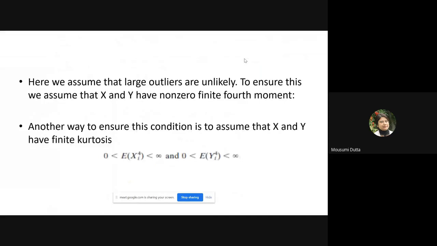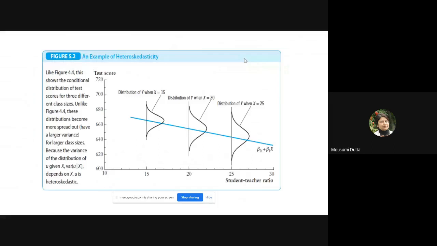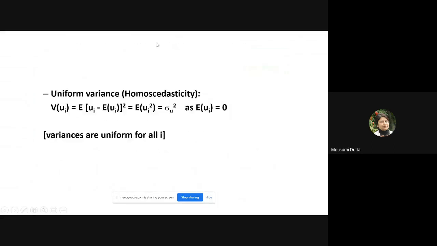Okay, so expectation of ui square is nothing but variance of ui. Actually, variance of ui is equal to expectation of ui minus expectation of ui whole square. Expectation of ui is equal to 0. So variance of ui is simply expectation of ui square, which is sigma u square, a constant. So by homoscedasticity assumption, expectation of ui square is a constant given by sigma u square.